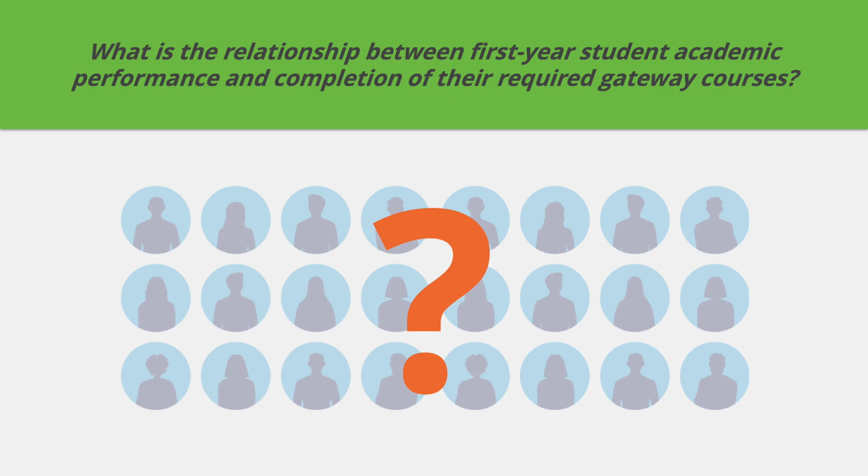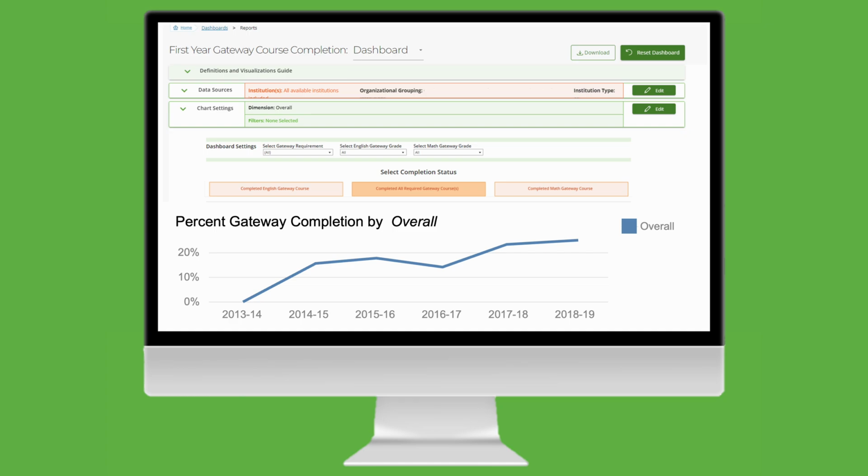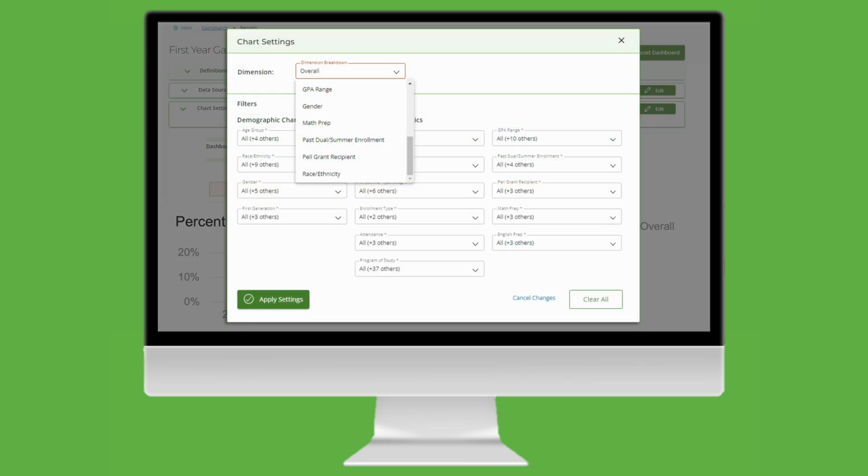What is the relationship between first-year student academic performance and completion of their required Gateway courses? The Gateway Course Completion Dashboard is one of the early momentum metrics. In order to understand the relationship between two variables, like GPA and Gateway Course Completion Rate, you need to apply the GPA dimension.